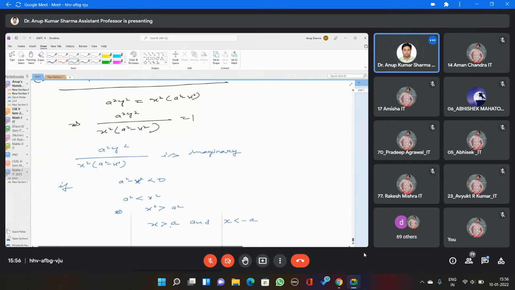Okay, so in this region the term is imaginary if a square minus x square is less than 0.